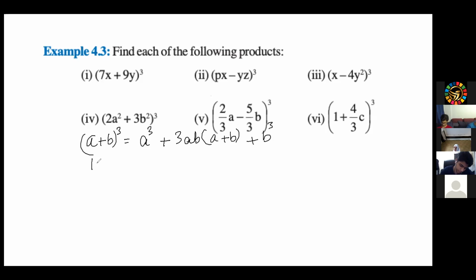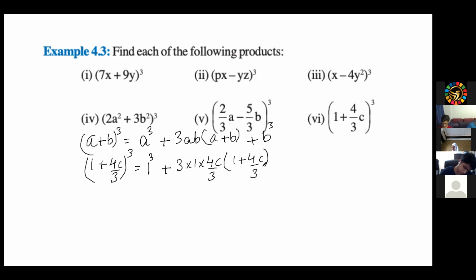Now we apply the same formula on this question. Tell me, what will be my first term? A cube. What is a in this question? 1. 1 cube plus 3 into 1 into 4 upon 3c, in the bracket 1 plus 4 upon 3c.